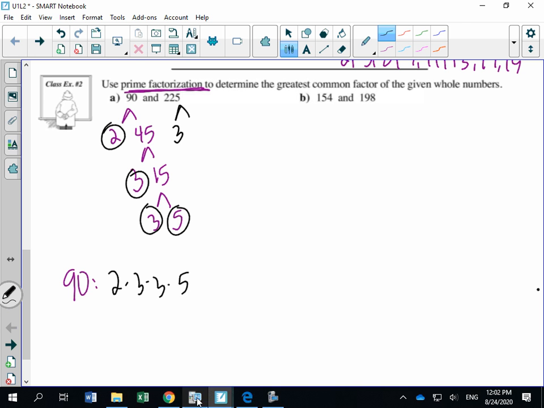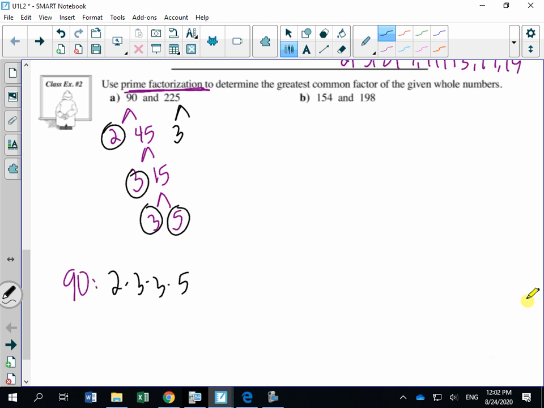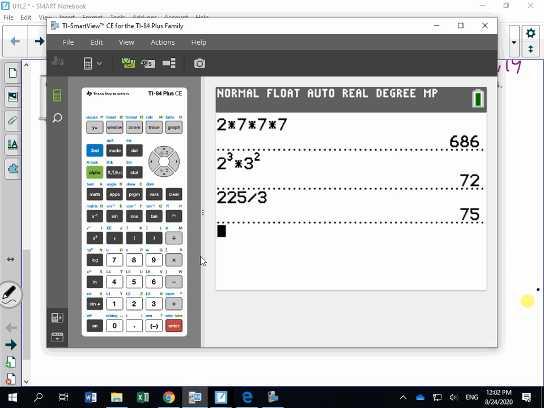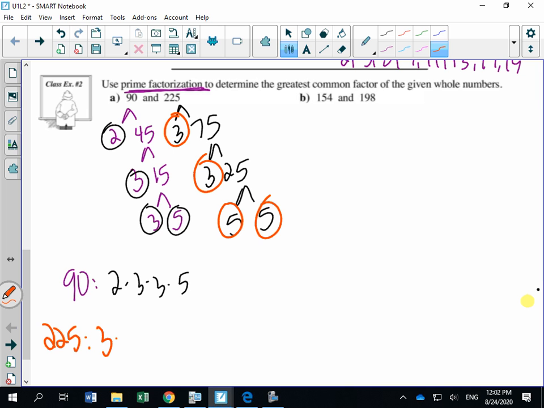If you check on your calculator, 225 divided by 3, we get 75. 75 is divisible by 3, and we get 25. 25 is not divisible by 3, but it is divisible by 5. So this is the prime factorization of 225: 3 times 3 times 5 times 5.